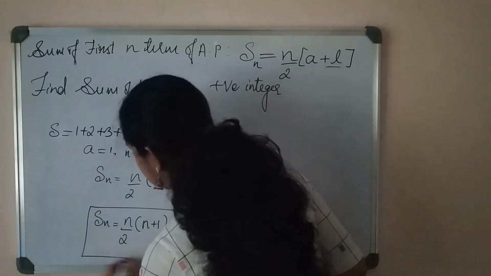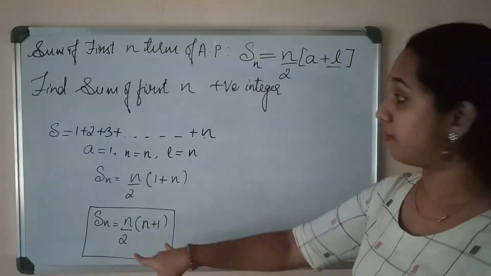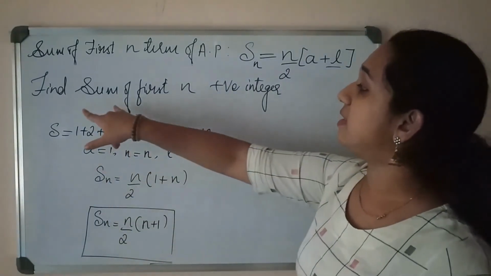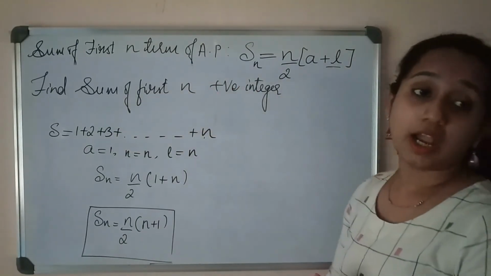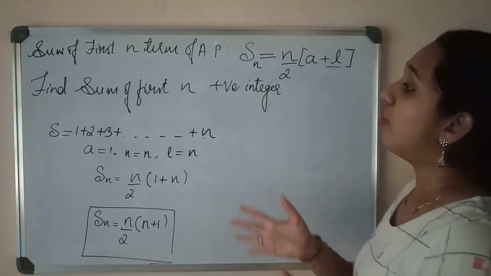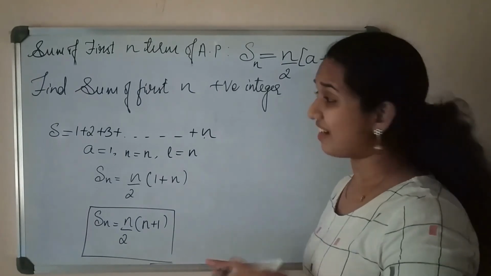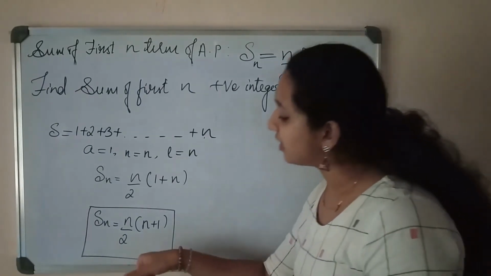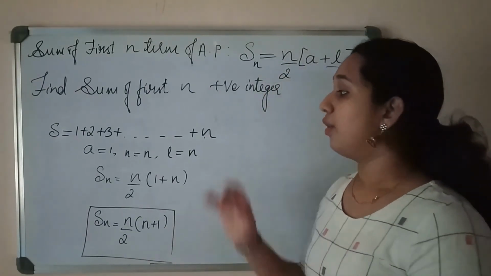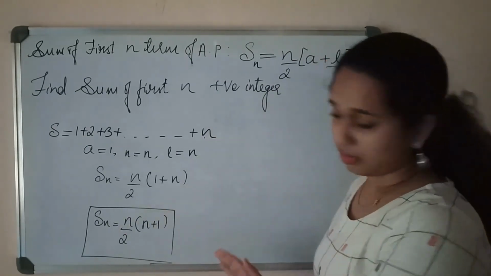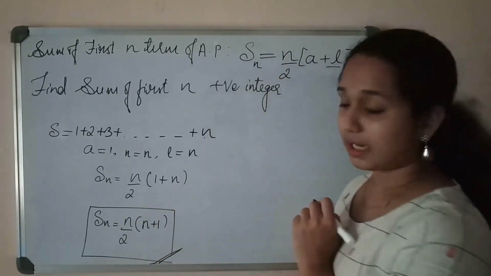This is the simpler formula to find the sum of first n positive integers. If they tell you to find the sum of first 10,000 positive integers, directly substitute in this formula and get it. Don't go solving by any other method. You can get it directly through this one.